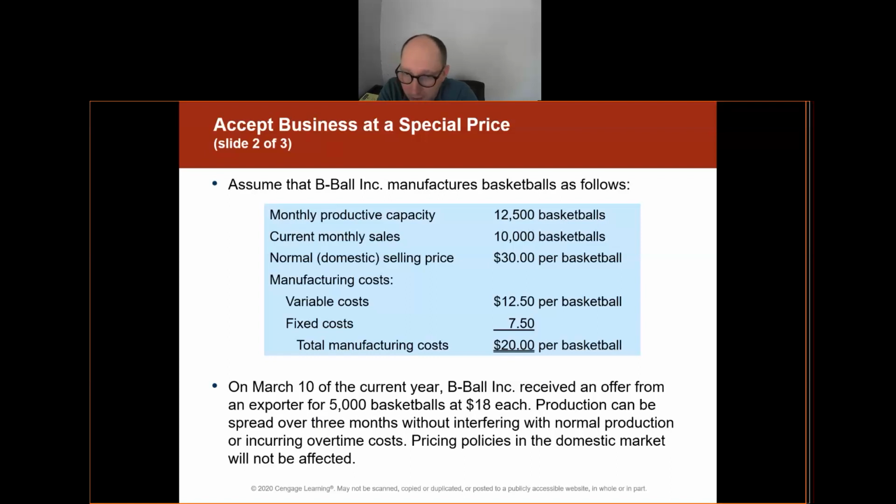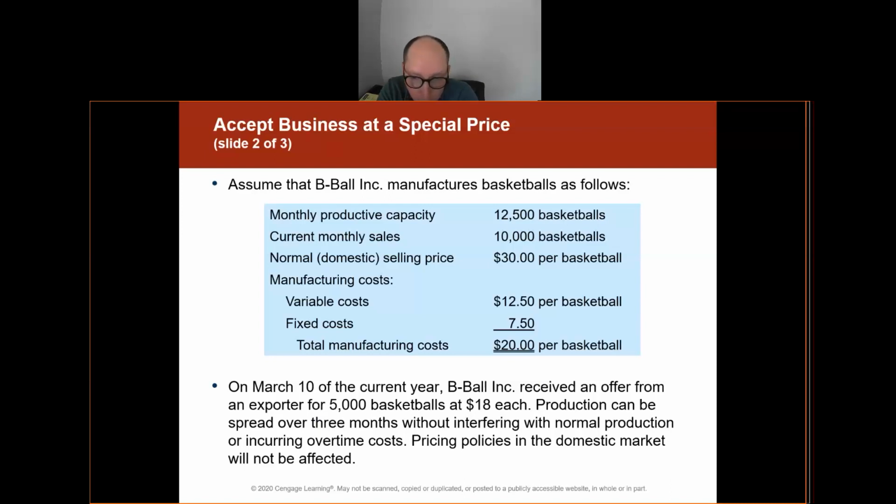If we look at the manufacturing cost, variable cost, that's direct materials, direct labor, factory overhead, $12.50 per basketball. Our fixed costs are $7.50 per basketball, giving us a total manufacturing cost of $20 per basketball. As you can see, that is a potential profit of $10 per basketball. Sales price minus total manufacturing cost, $10 difference.